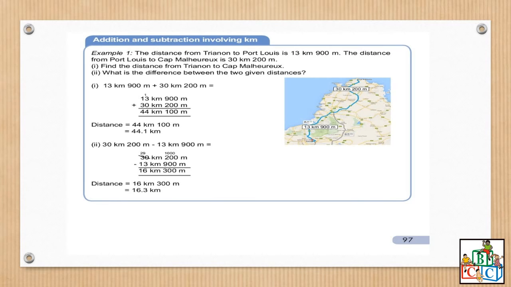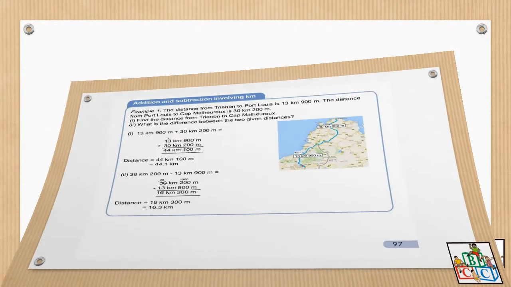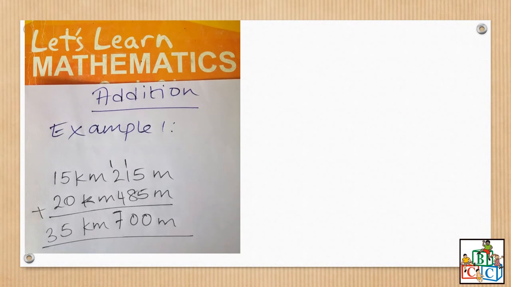Let's take a closer look at the other examples. Okay, this is the first example for you. Addition, like you are used to doing. 15 kilometers 215 meters plus 20 kilometers 485 meters.